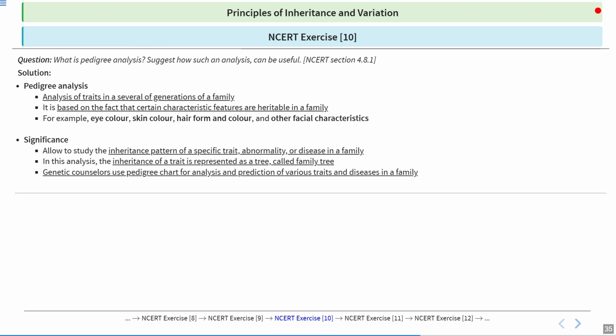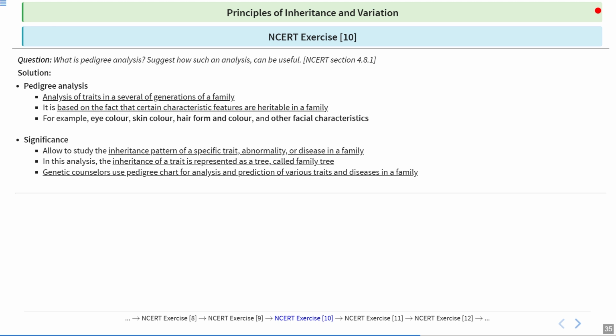So these genetic counselors can use this pedigree chart and predict the probability of occurrence of a particular disease, or the probability of occurrence of a particular trait in the offspring. Is there a 25% probability, 50% probability, 0% probability, or 100% probability?